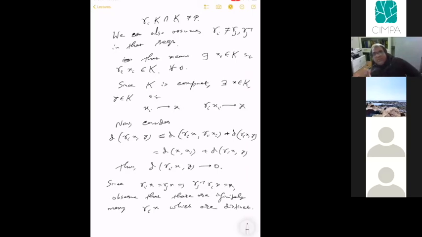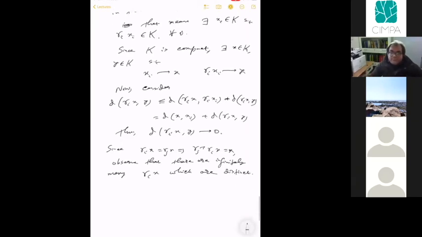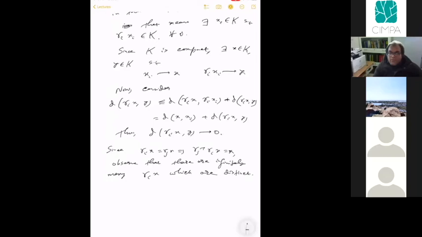Yeah, here we have used the property that the stabilizer is finite. So by 1, stabilizers are finite. Okay. So now you choose a subsequence.